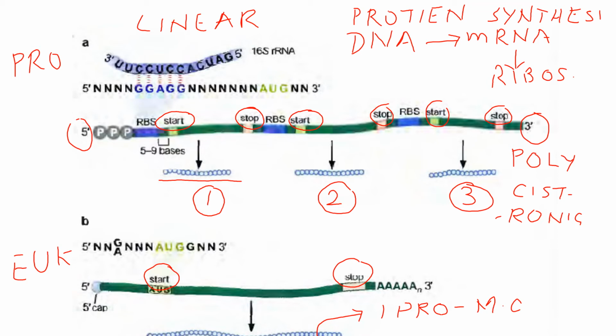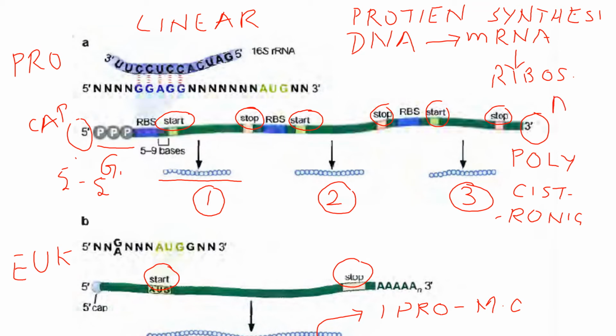There is no base pairing, right? Now at the 5' end you will find that there is a phosphate and a guanine residue is attached at the 5' end, and that too in a reverse orientation, and the bond is between 5' and 5'. So this is a very typical feature, and this 5' end is called the cap, right?